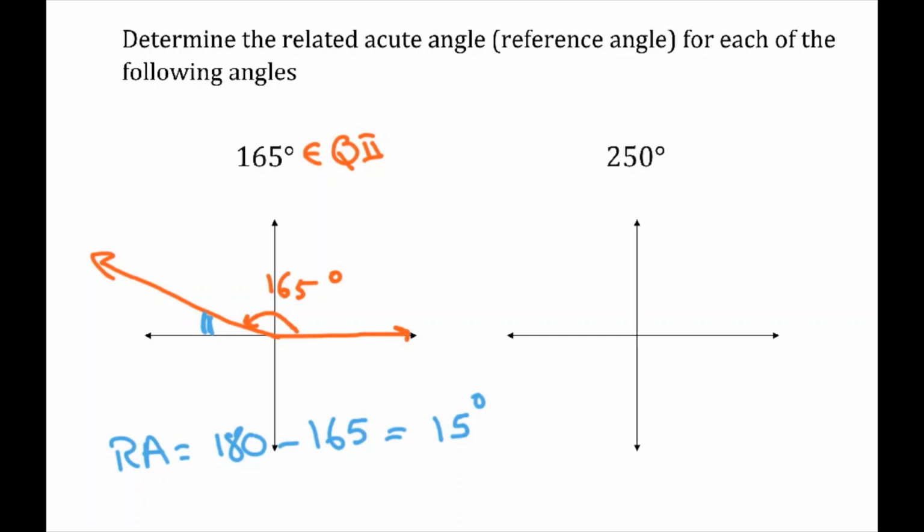Now, what about the second one here? 250 is an angle in quadrant 3. The reference angle is going to be the angle from here to here.